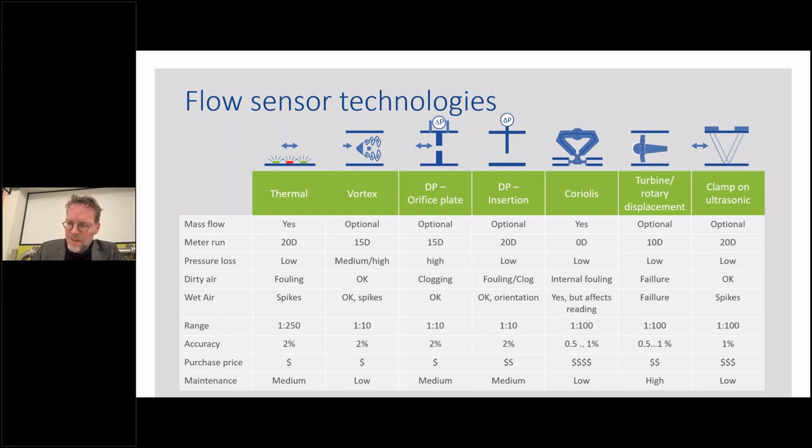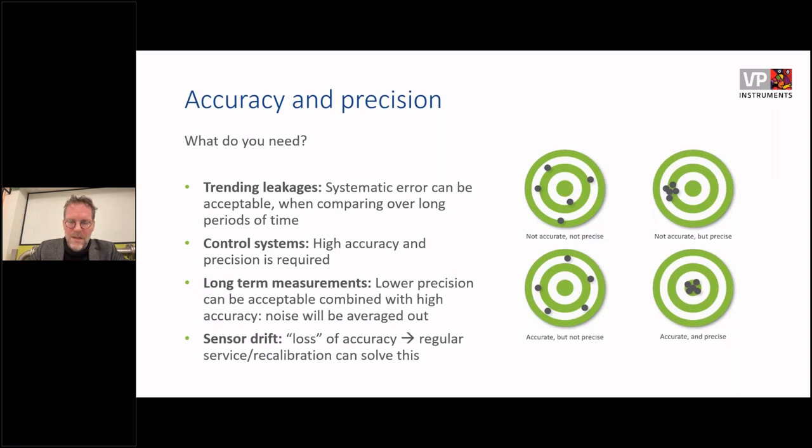But it all starts with some basics, and I would like to emphasize today a few of those, and also 2 important ones which are often confused and also of utmost importance when you're doing compressed air audits or compressed air monitoring. So the basic ones are accuracy and precision, and those are often mixed up by people using these terms.